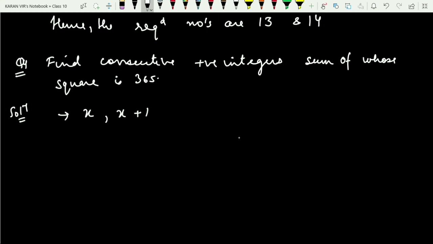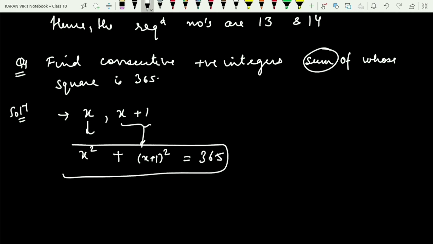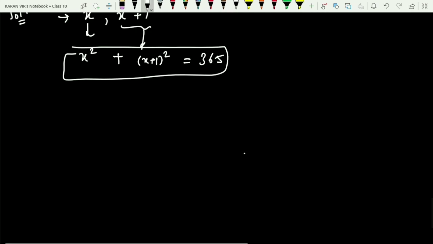Sum of squares means, if you take the square of this, this will be (x plus 1) whole square. Now you have to take the sum, means plus, and the sum of whose squares equals 365. You just need to solve this equation. This will again be a quadratic equation, and you will get the two consecutive positive integers.